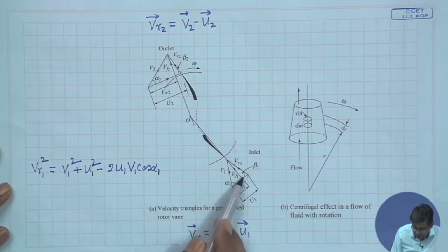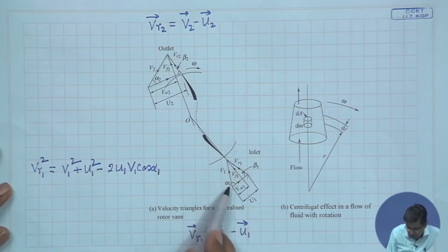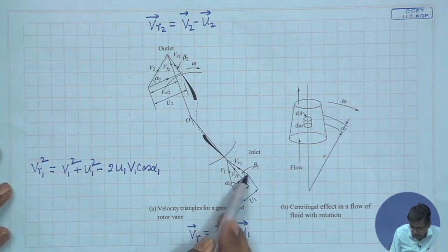VR1 square is equal to V1 square plus U1 square minus twice U1 into V1 cos alpha 1.